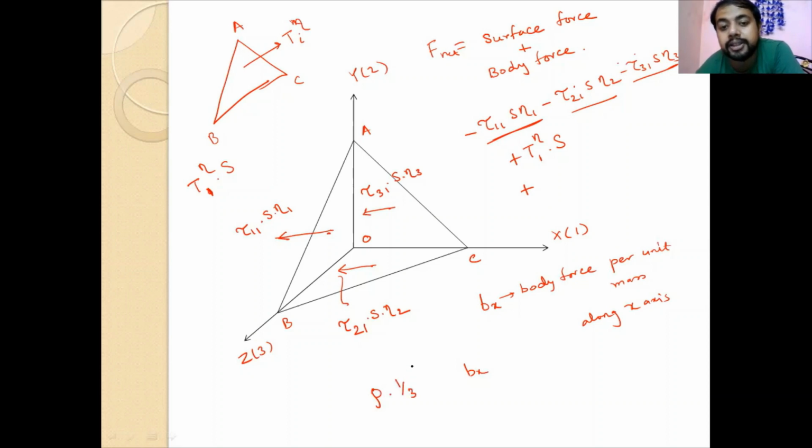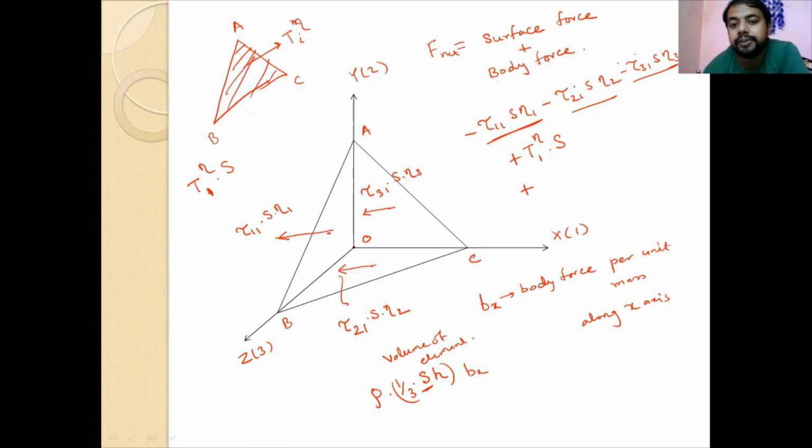What is the volume of this tetrahedral part? The volume of the tetrahedral part is one-third SH. What is the meaning of SH? It's the volume of this tetrahedral element. What is S? S we know, it is already defined, the surface of the common area. What is H?